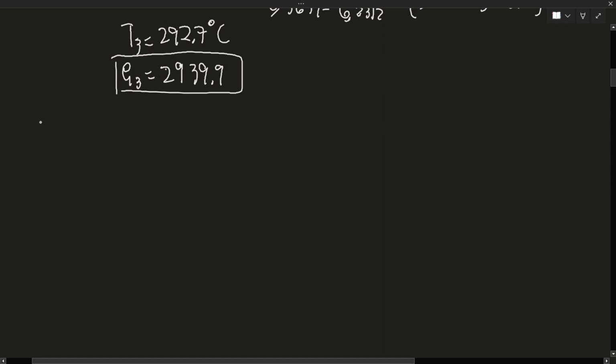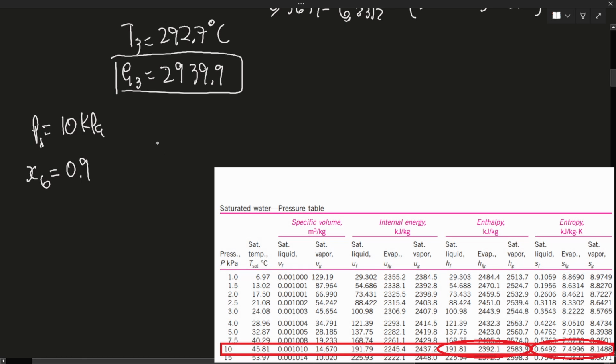We know that the pressure is equal to 10 kilopascals at point 6, and the quality is equal to 90%. So you go to your tables, to the pressure equals 10 kPa, and you copy down the exact same thing. H6 equals HF plus X HFG.